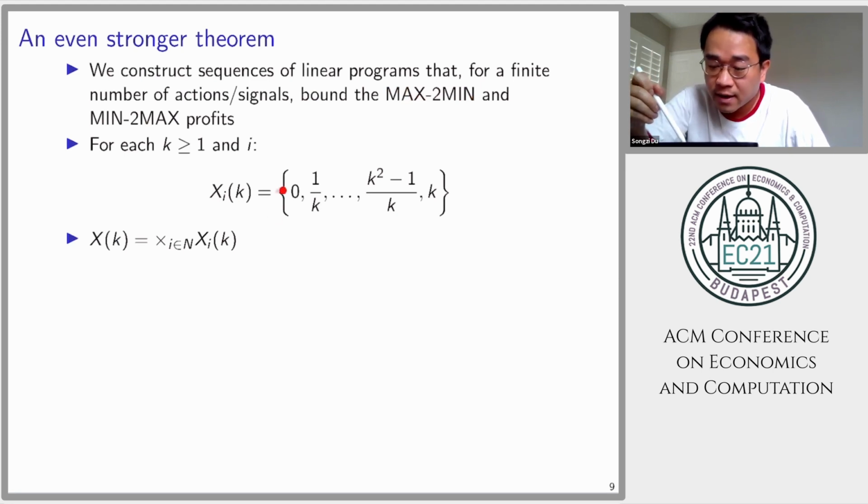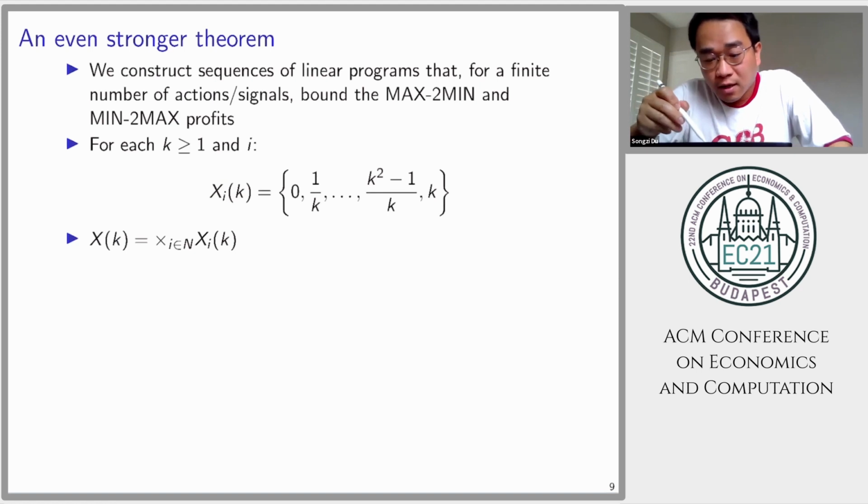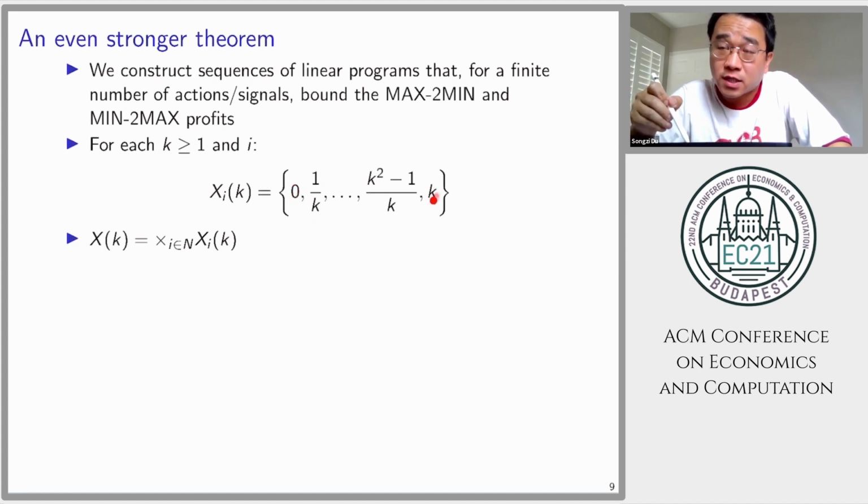First of all, let us give some labels to the action space and also to the signal space. Let's put a one-dimensional order on the action and signal space. Let us call the action space and signal space X. Here I just have a grid where the size of the grid is 1/k, and the minimum action or signal is 0, the maximum action and signal is k.